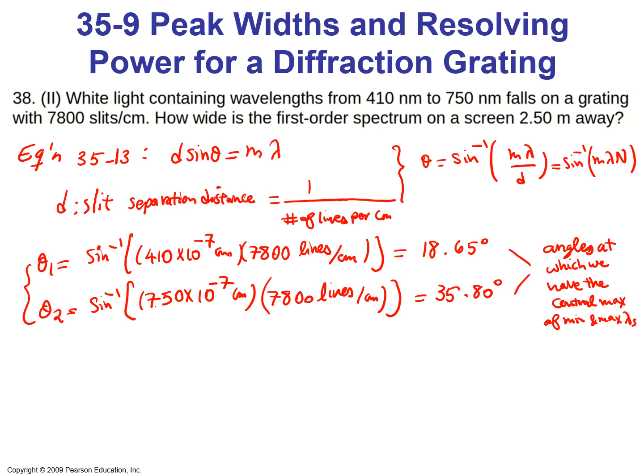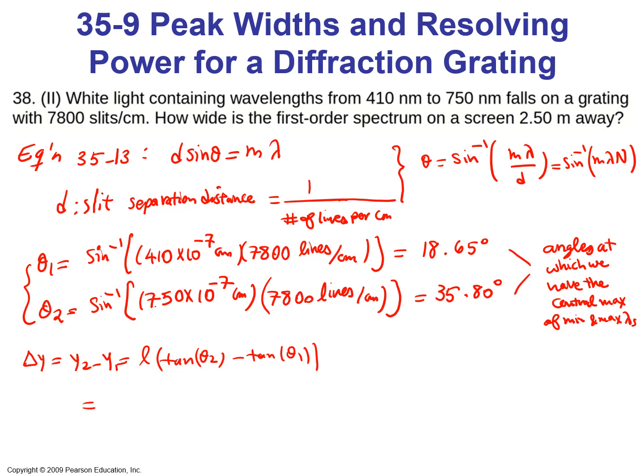Okay, so we should set the distance between these two maxima to the distance to the screen multiplied by the tangent of the first order angle. So we have delta y equal to y2 minus y1, which is L times tan of theta 2 minus tan of theta 1.